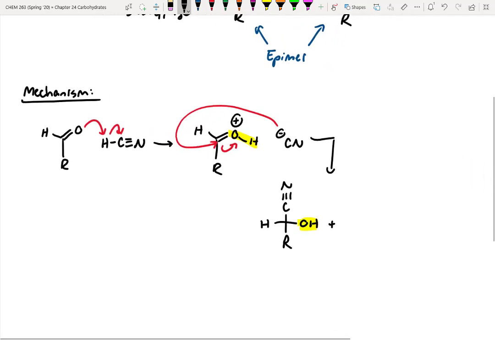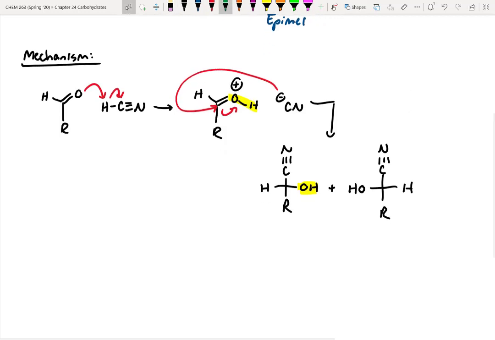All right, and let's show our epimer over here. And we still have this carbon-nitrogen triple bond. If you remember back to our aldehyde chapter, this is called a cyanohydrin. That's when cyanide attacks into our aldehyde.